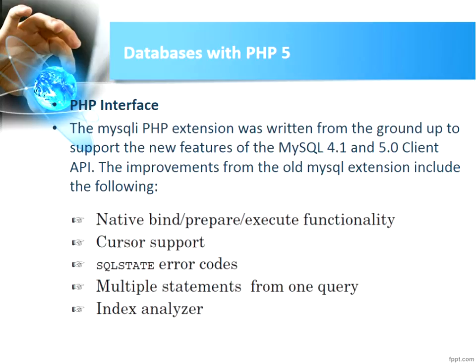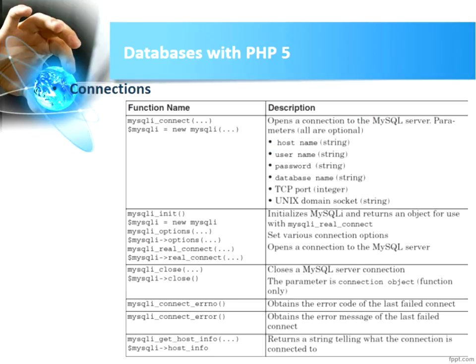In our course, we will use the MySQLi function. mysqli_connect opens a connection to the MySQL server, and there are some parameters like host name, username, password, database name, etc. We can also use PHP 5 with the creation of an object MySQLi.